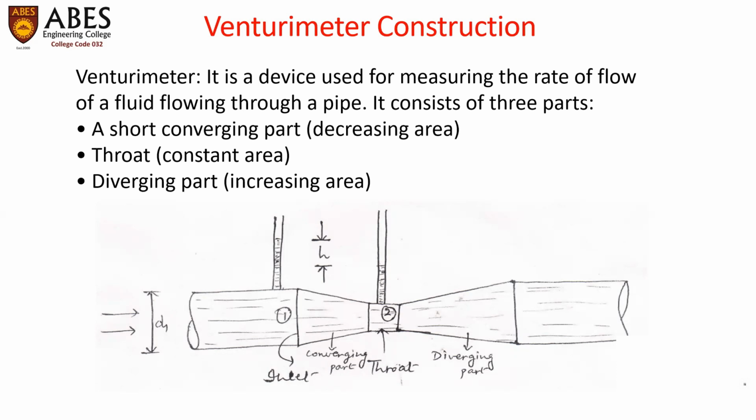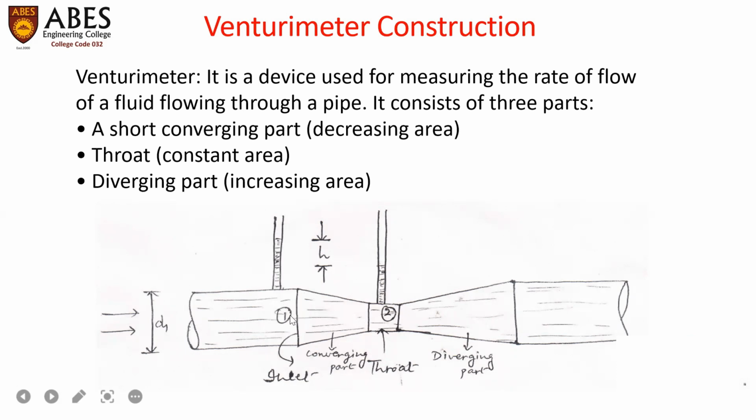Now, let us see. A Venturimeter is also fitted with a manometer. You can see in the diagram, here a U-tube manometer, which is a differential manometer to calculate the pressure difference at points 1 and 2.